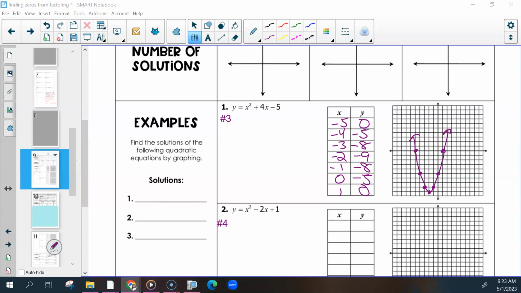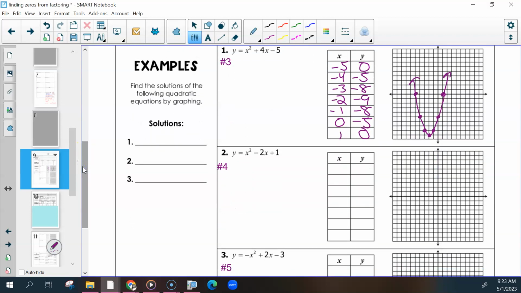How many solutions does this have? Two. And then what are those two? We're going to write them as ordered pairs. So we kind of had an idea as to what those are already because they were given in the table.